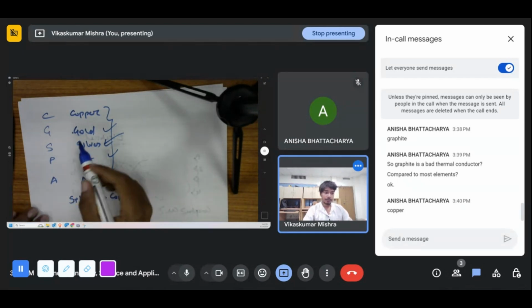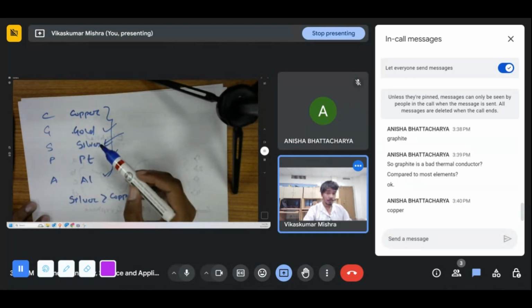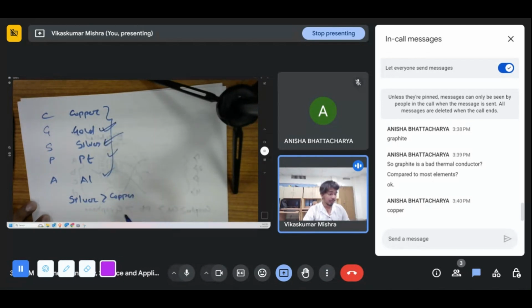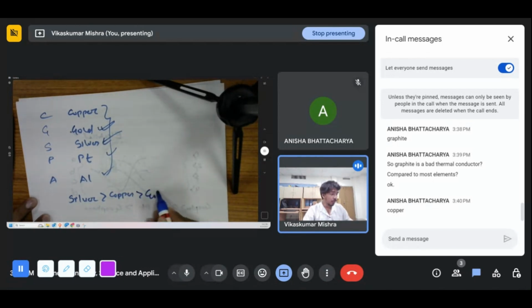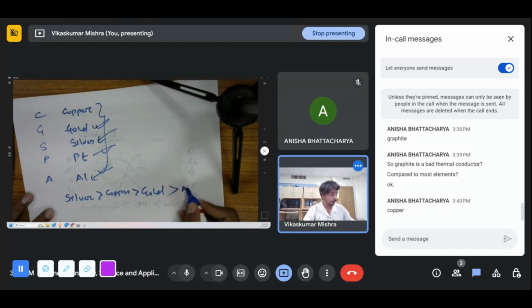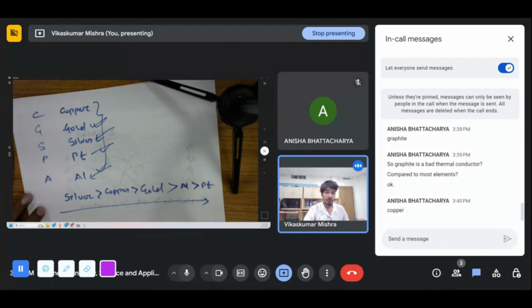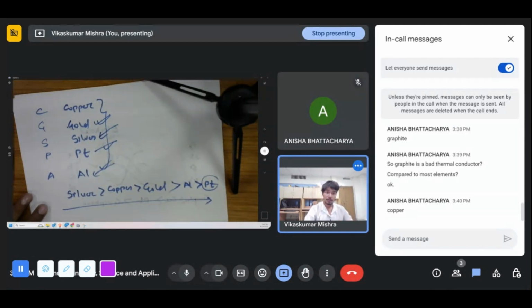It will be the gold. The conductivity of the gold is comparatively higher, and then it will be the aluminum, and then it's the platinum. So we can see that among all of them, the platinum is the one which is having the lowest.